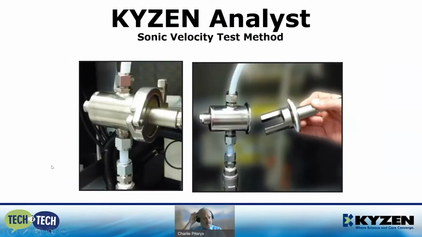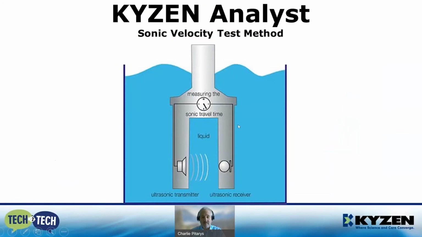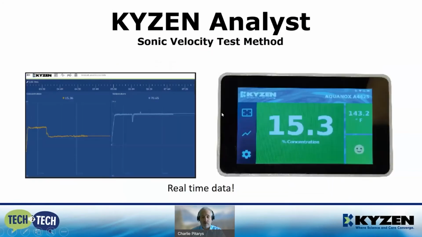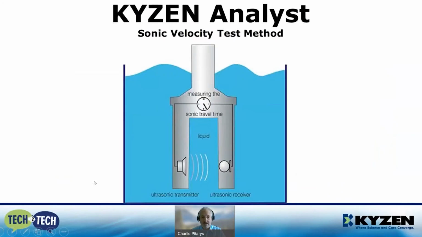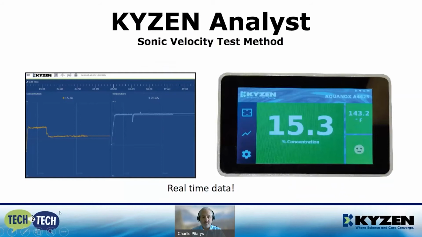The KYZEN analyst monitors the concentration by using the sonic velocity test method. It's a tap off the wash pump, and it uses the sonic velocity tool, which looks like a tuning fork, which measures the time of transmission between transmitter and the receiver, which relates it to a concentration.